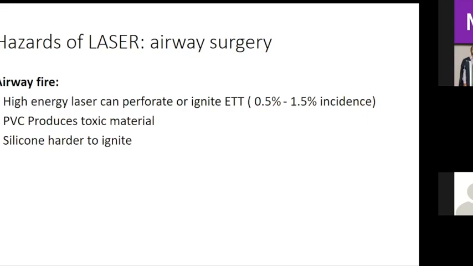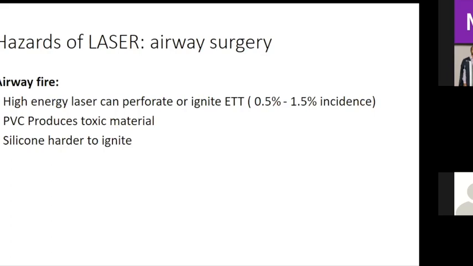Remember, you'll have the fuel, you'll have the ignition source, which is the laser, and you'll have an oxidizer, which is oxygen or nitrous oxide. With a high energy laser, you can perforate or ignite the endotracheal tube. This has been described as having an incidence of 0.5 to 1.5%.